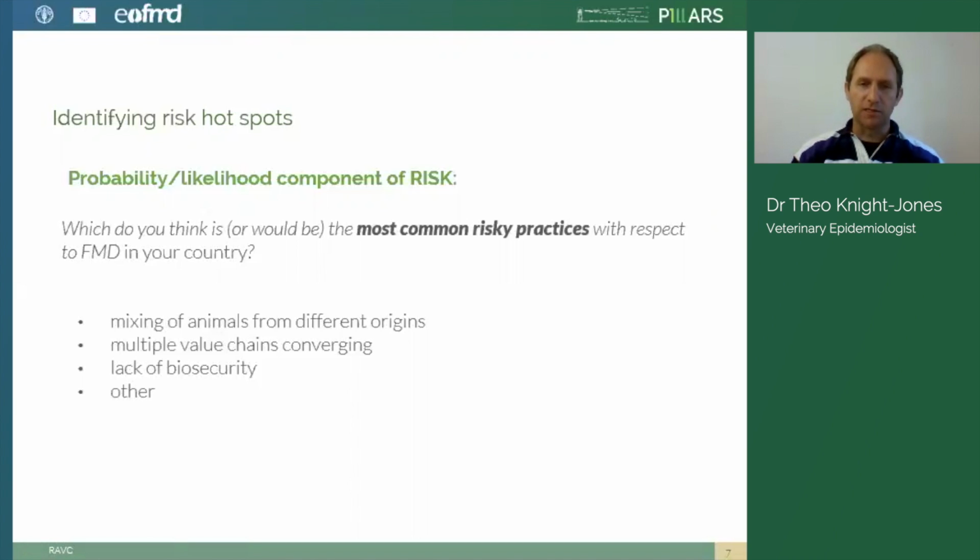Also, when multiple value chains converge, so for example, you may have a dairy sector, which is very susceptible to the impacts of foot and mouth disease.